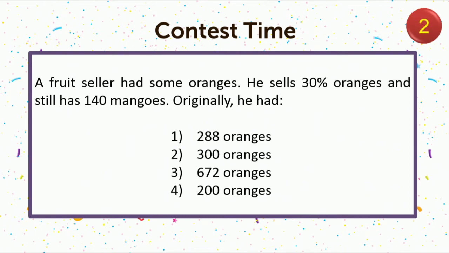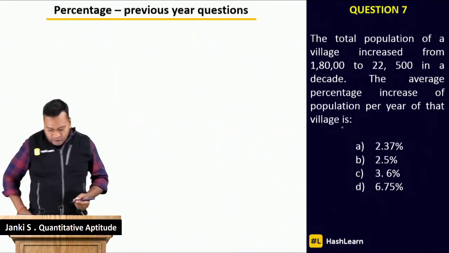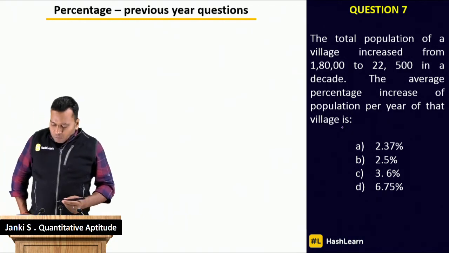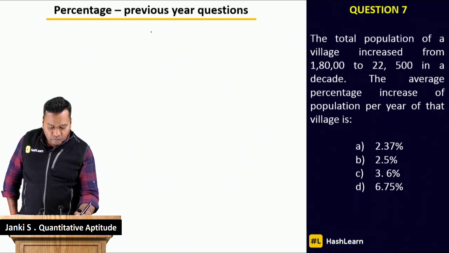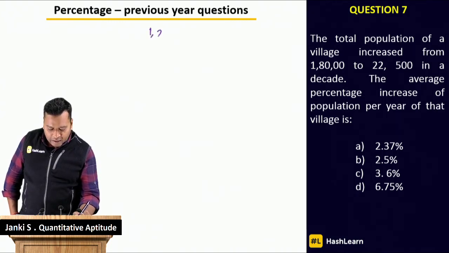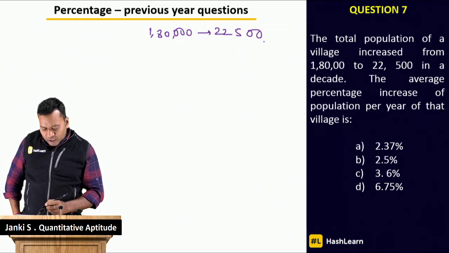Last 4 seconds. Time up. Let's move to the next one. So next one, the total population of a village increased from 1,80,000 to 22 lakhs.